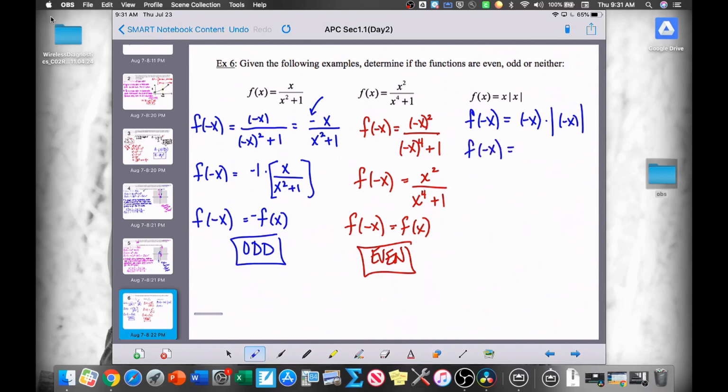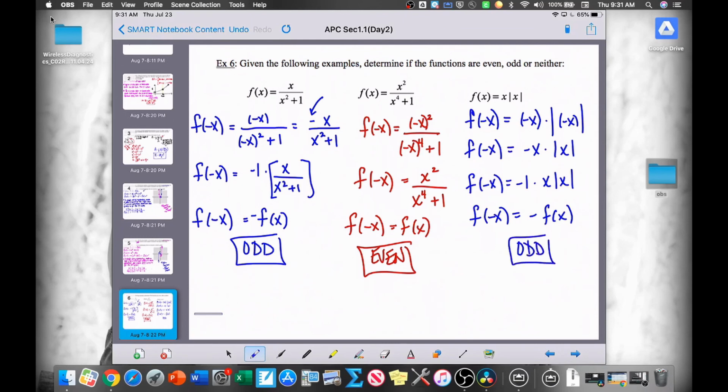Okay, so the absolute value of negative x is the same as the absolute value of x, which I could write as negative 1 times x times the absolute value of x. So what we end up with is the opposite of what we started with. And that tells us that our function was odd.